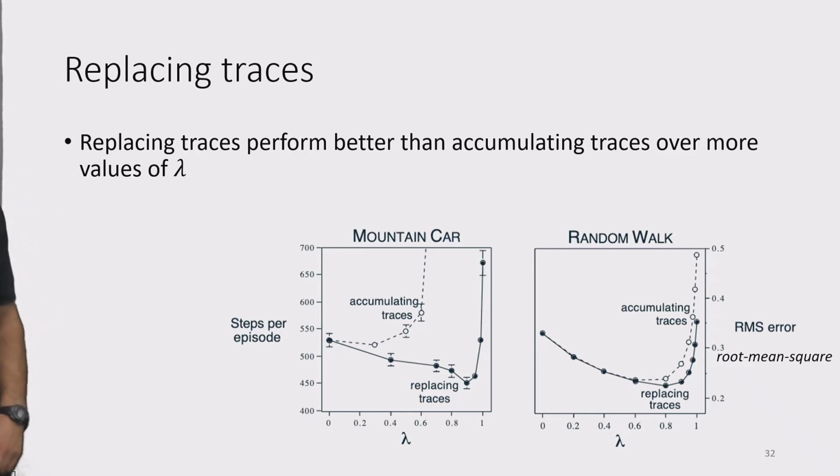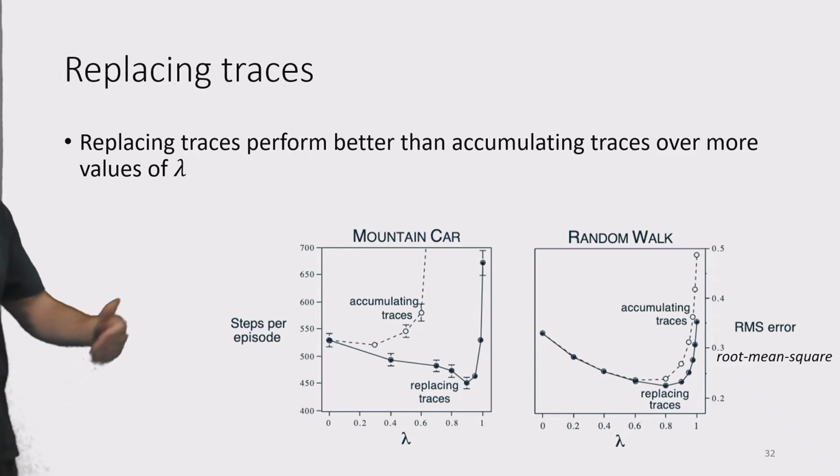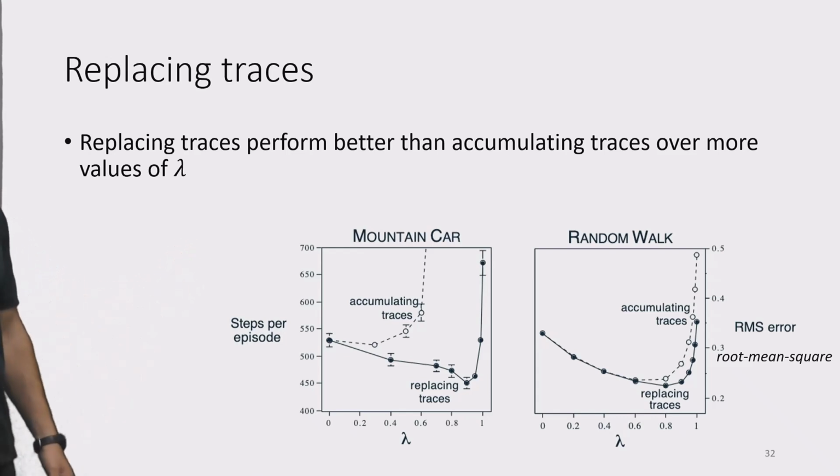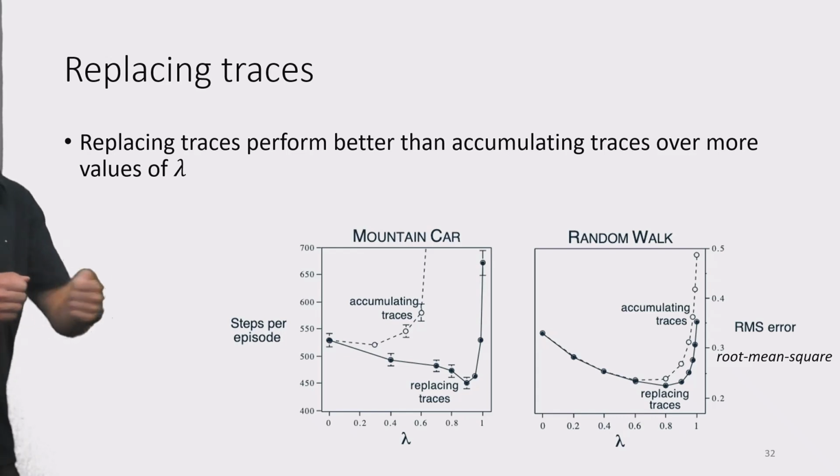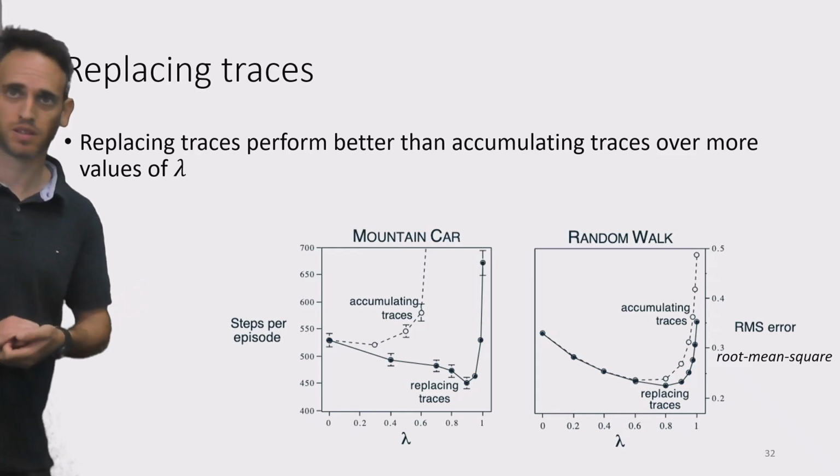And in fact, when we examine in many domains, replacing traces is beneficial. It performs better than accumulating traces over more values of lambda. Right, where lambda is our trajectory consideration, or how quickly we decay our eligibility. That's a hyperparameter.